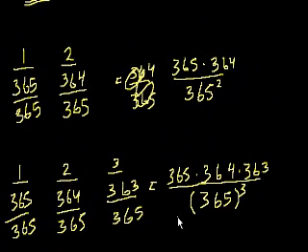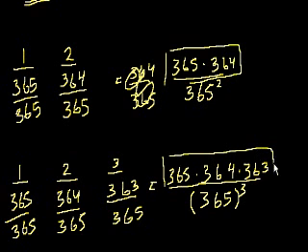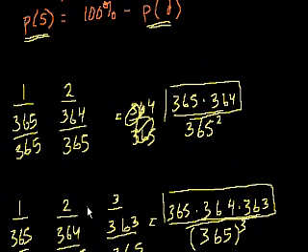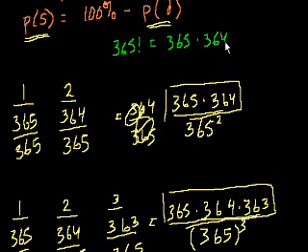Is there any way that I can mathematically express this with factorials? Well, let's think about it. 365 factorial is what? 365 factorial is equal to 365 times 364 times 363 times all the way down to 1, right? You just keep multiplying. It's a huge number. Now, if I just want the 365 times the 364 in this case, I have to get rid of all of these numbers back here.